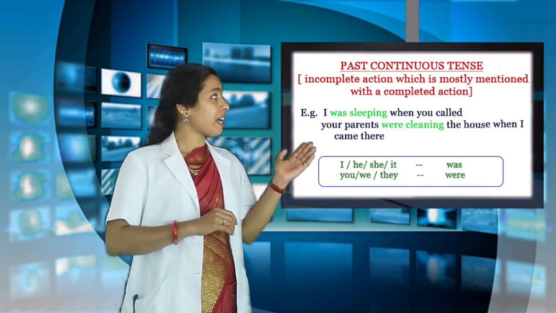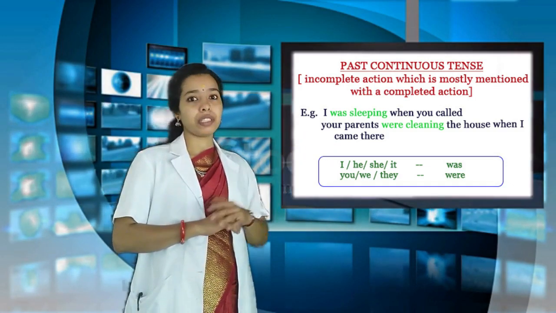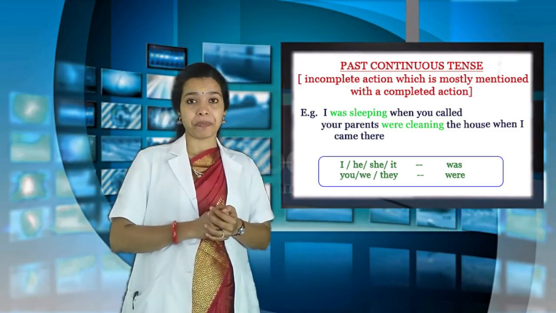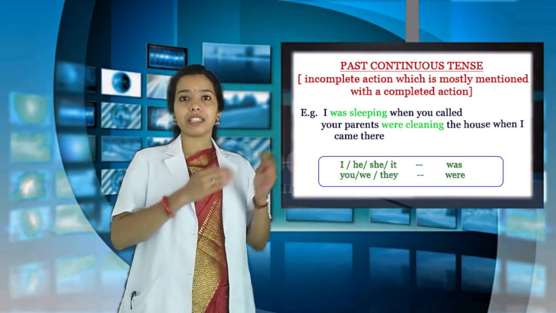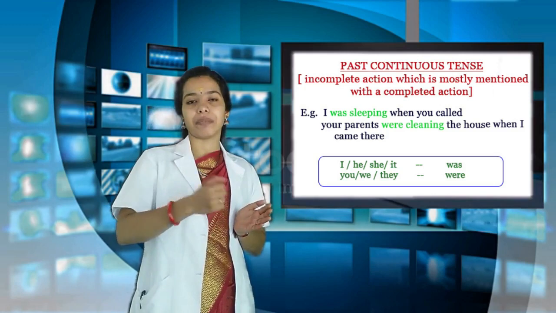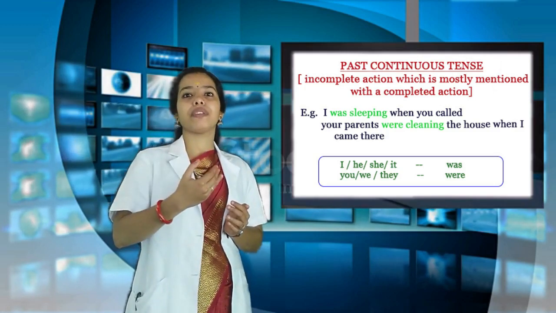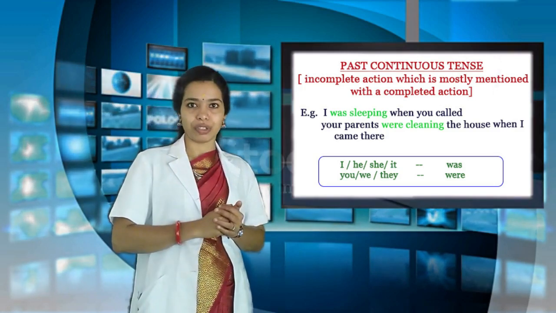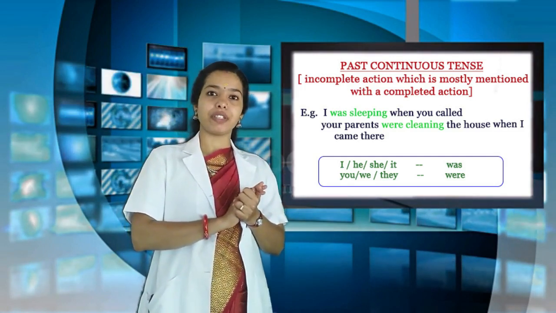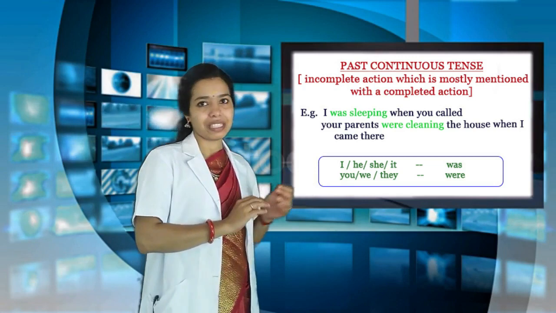So, your parents were cleaning the house when I came there. The action was continuously happening when I came there. So we don't know whether they completed cleaning or not. So it was an incomplete action. Such actions we will denote using past continuous tense.